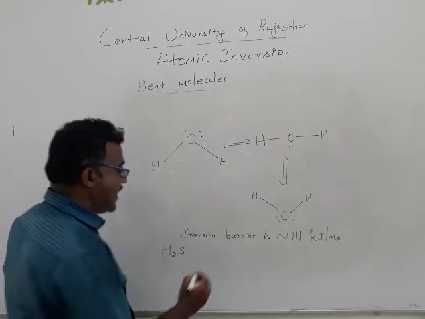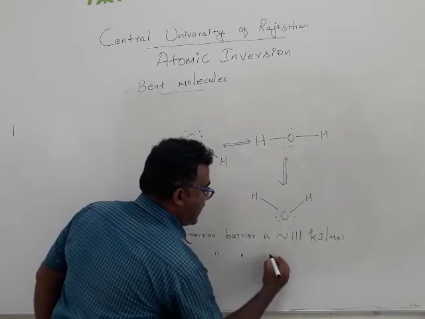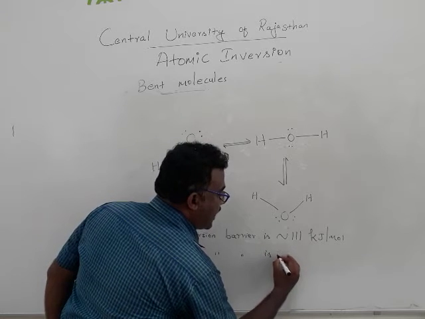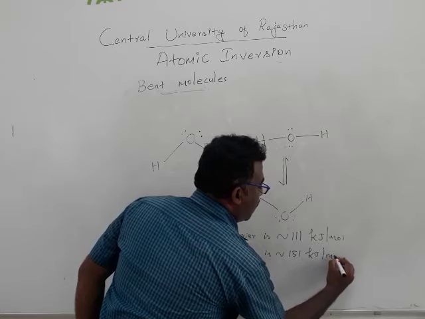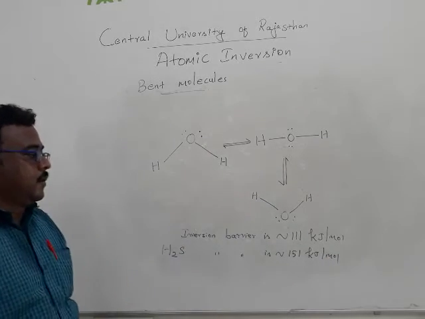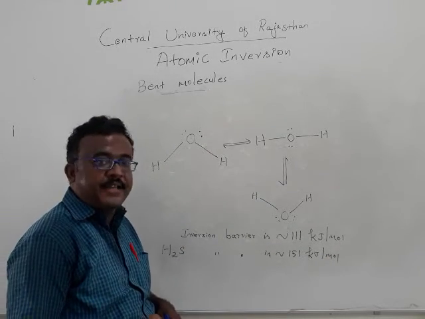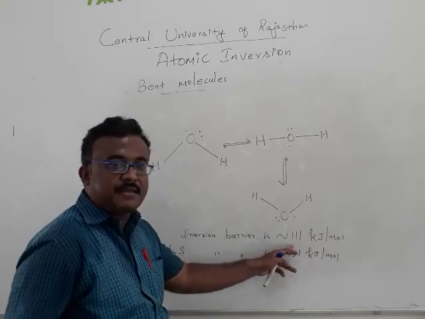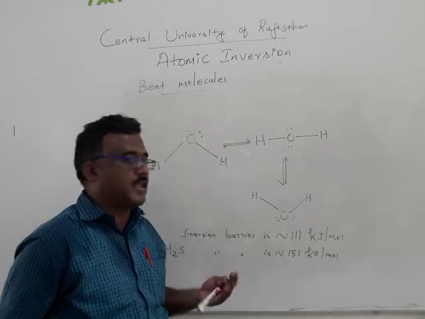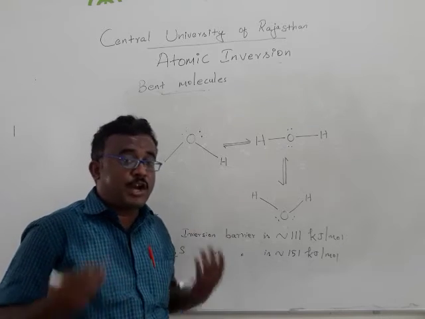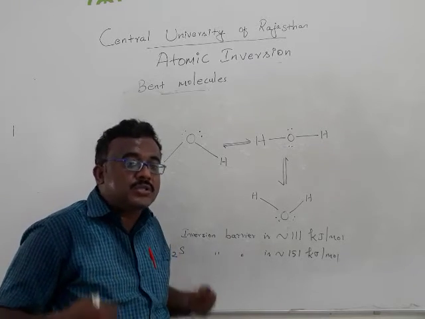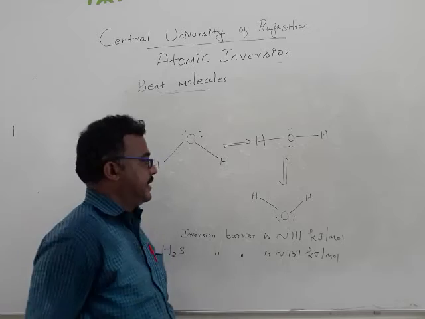So hydrogen sulfide has a high inversion barrier, around 151 kilojoules per mole. So at room temperature, water, even with two different substituents, can undergo inversion and lose its stereo center.